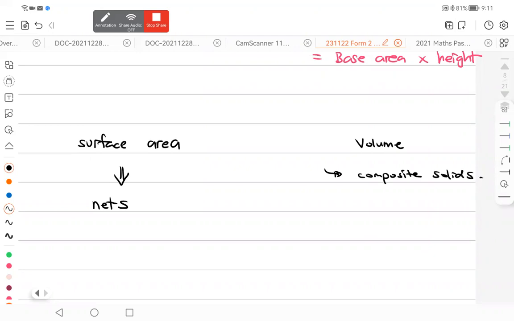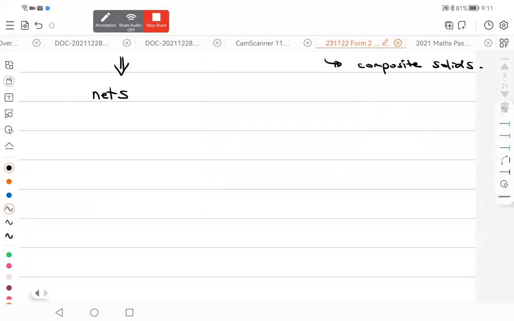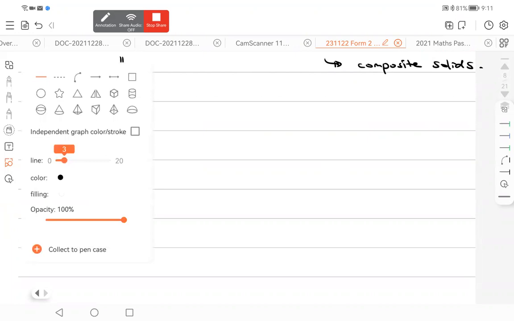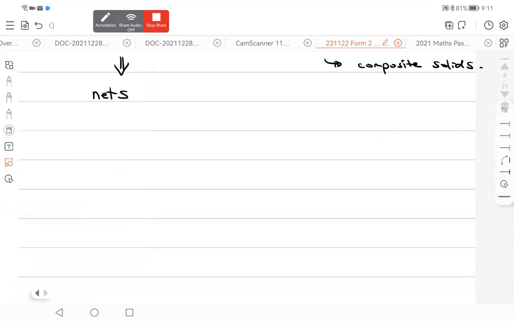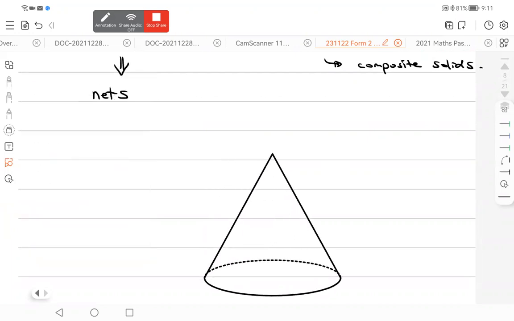Composite solid means two or more 3D shapes combined together. So if you want to find the volume of the composite solids, you just sum up all the volumes. Okay, so let me just draw one example here. Then you have a line like this.